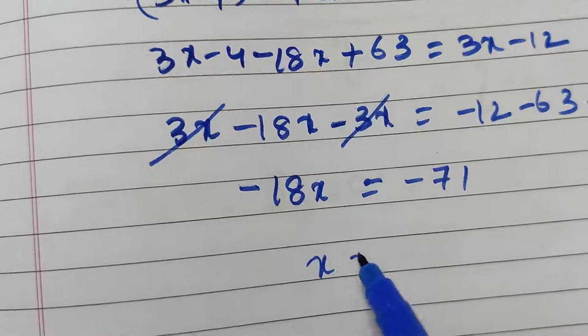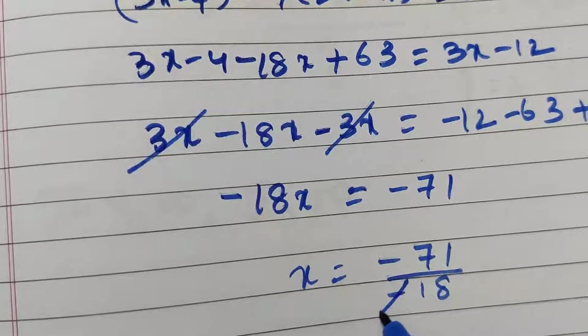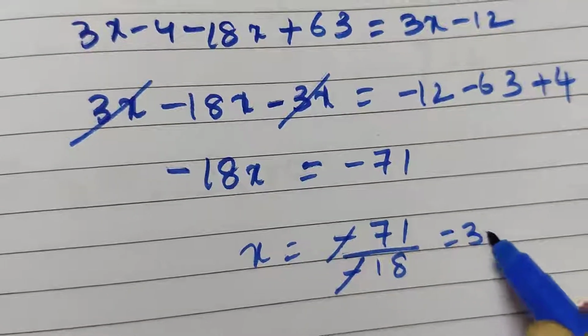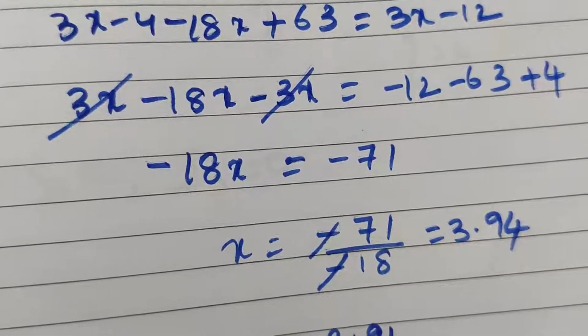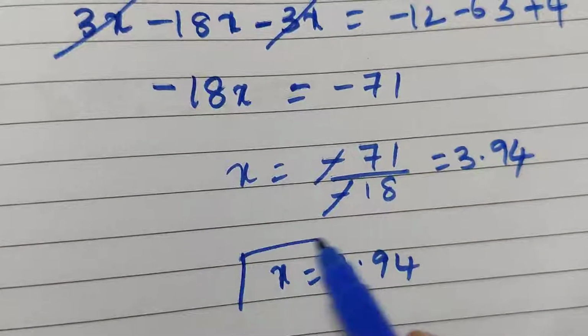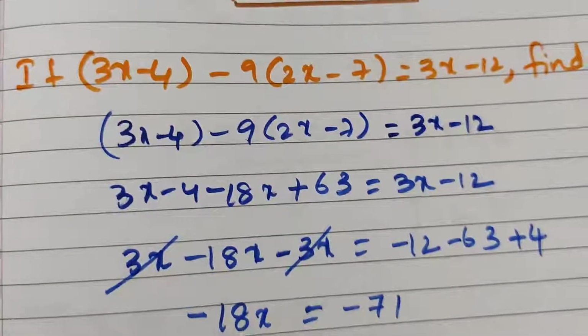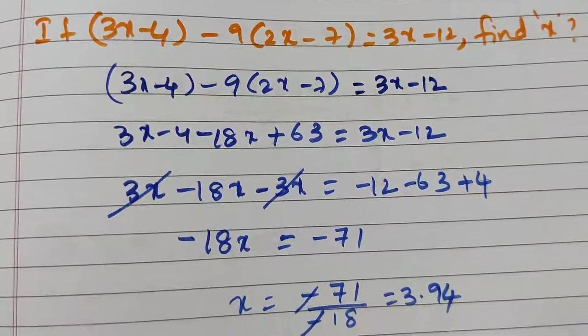Alright, so x value is minus 71 by minus 18. Minus minus cancel, 71 by 18, which is 3.94. So x value is 3.94. This is how you solve this kind of problems. I hope it is clear. Now we'll see the next problem.